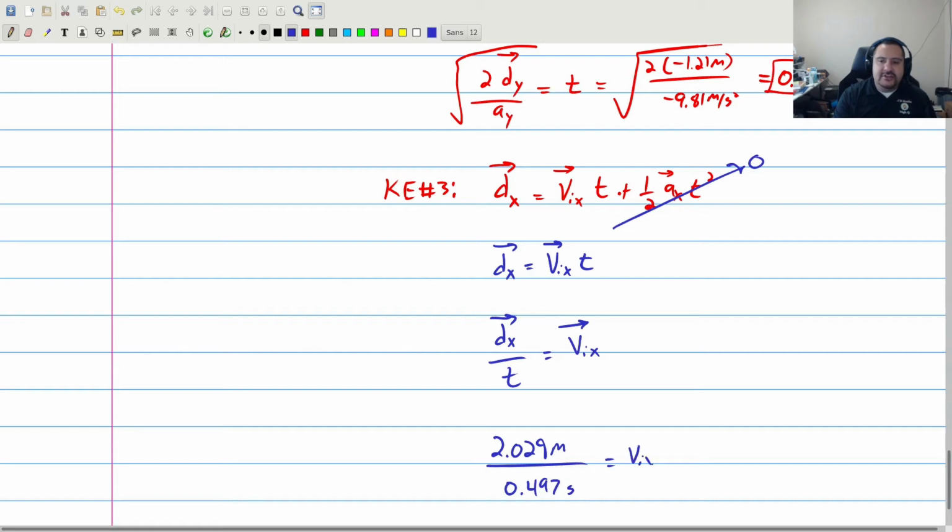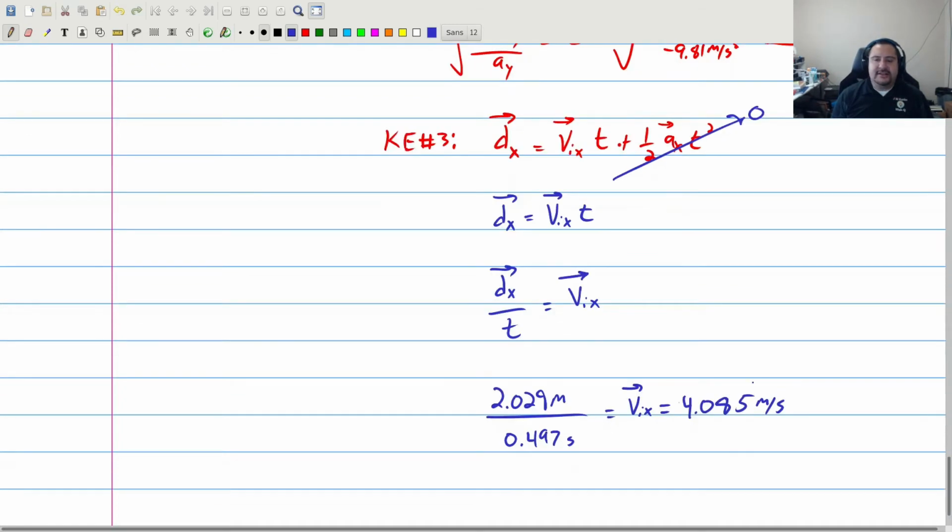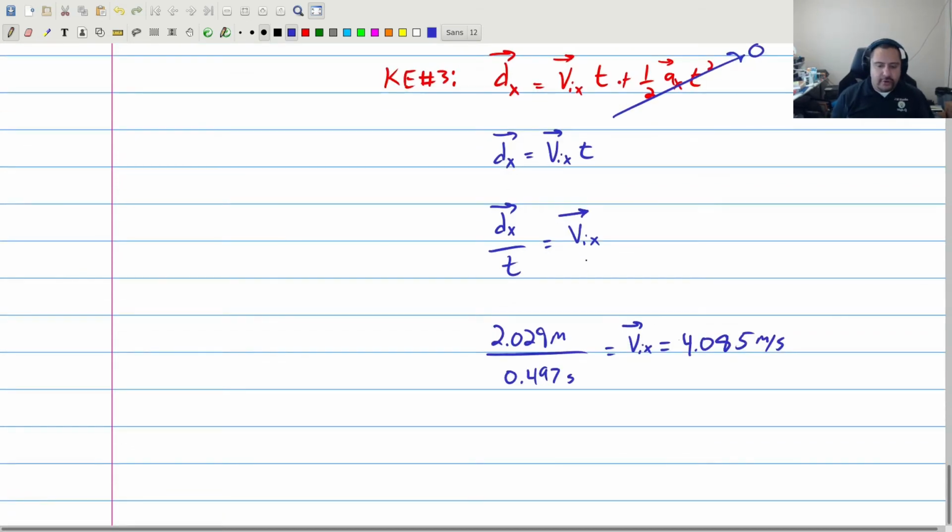That should give me v initial x, and I get 4.085 meters per second. I used exact numbers instead of rounded numbers when I did that, so it might be a little bit different from what you get if you're going through the numbers with me, but I get 4.085 meters per second as our launch velocity.